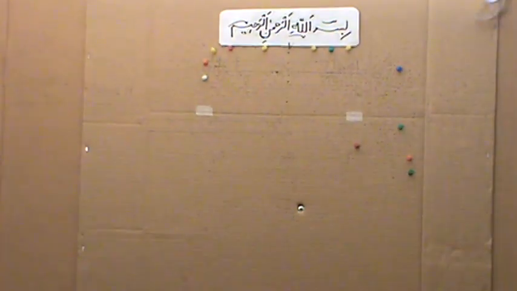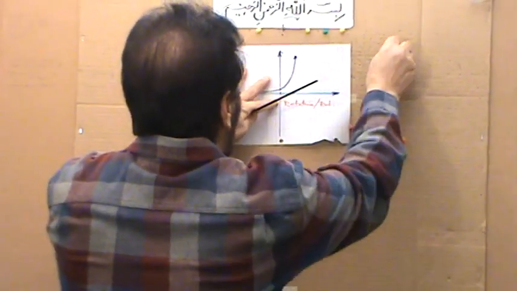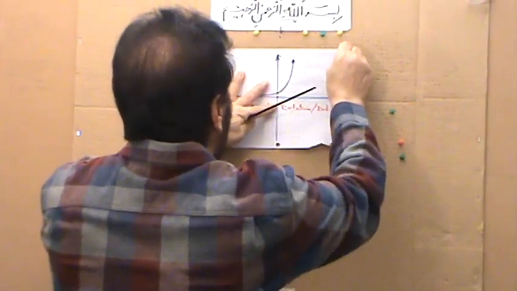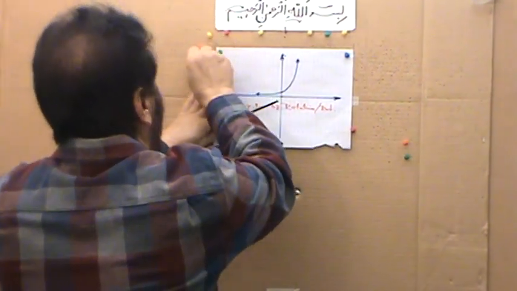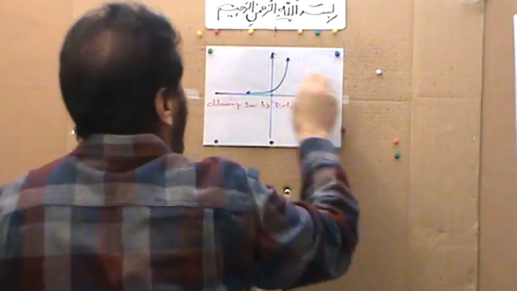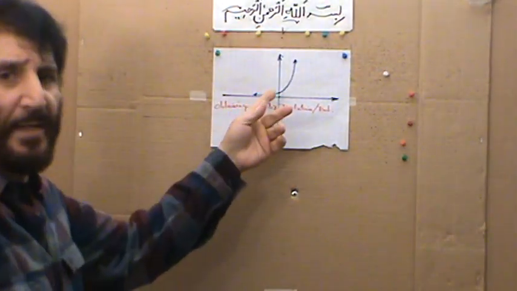Now we go to this one, and I put here how the graph of the inverse looks, for those who like to take notes. So this is obtained by what?